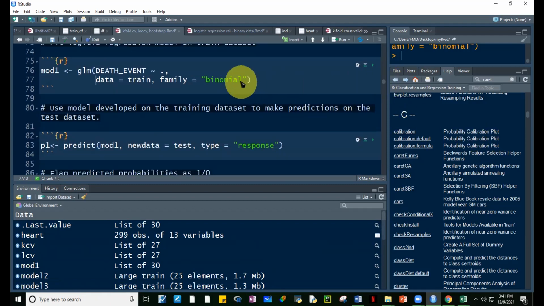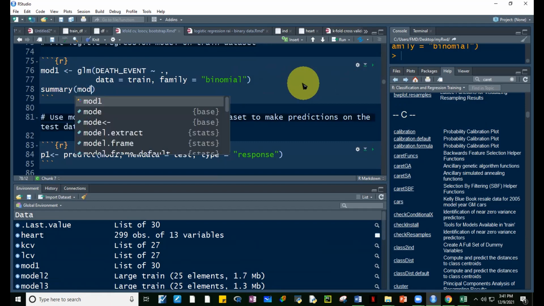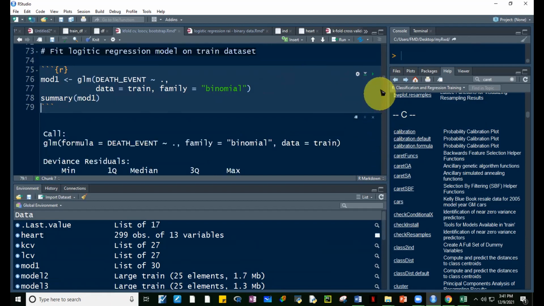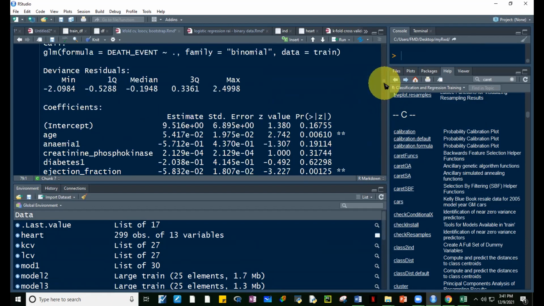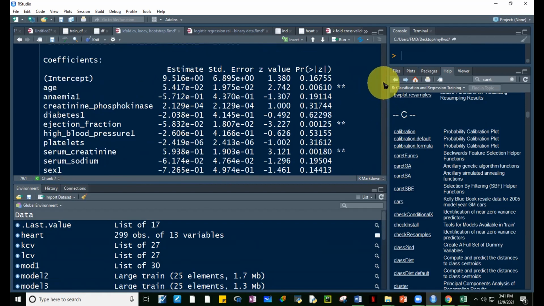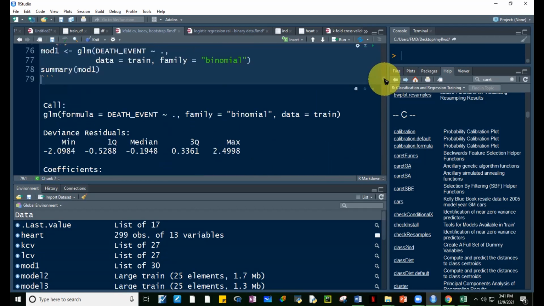Okay. So pag ipa-summary natin guys yung mod1, summary mod1. What do you get? We have the regression. Okay, so ito yung mga response variables natin. And then there's the ones that are significant or not significant. Okay?